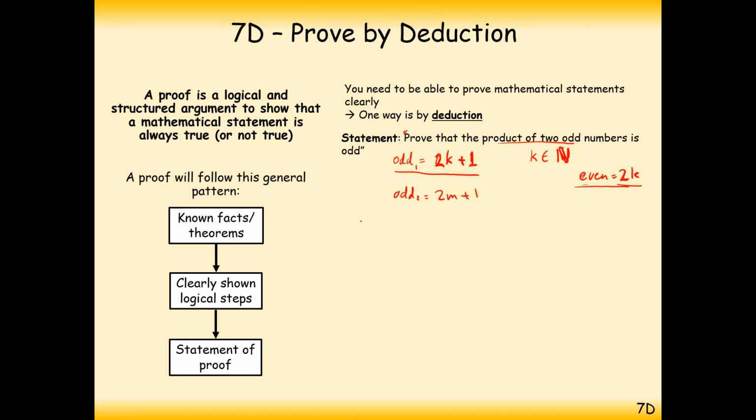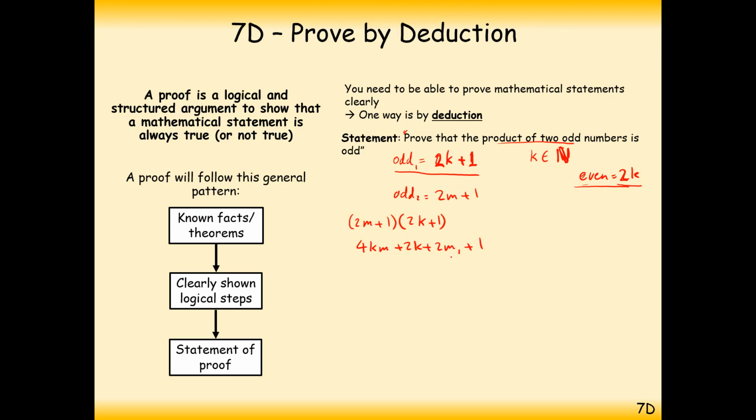So multiply them out. What is 2m plus 1 times 2k plus 1? Multiply out the brackets, and you end up with 4km plus 2k plus 2m and plus 1 at the end.